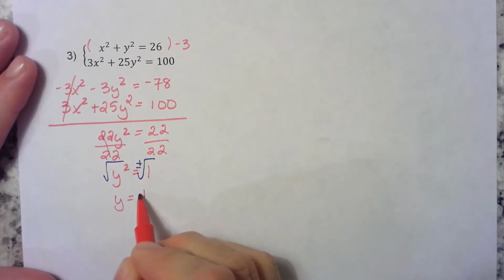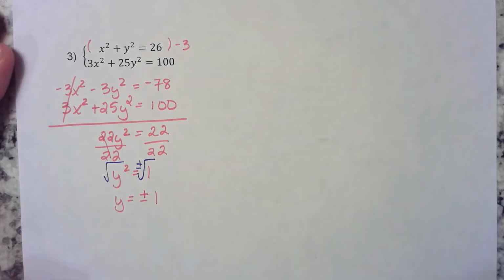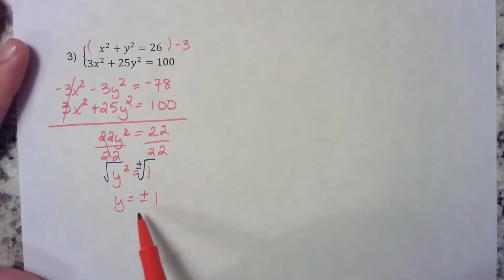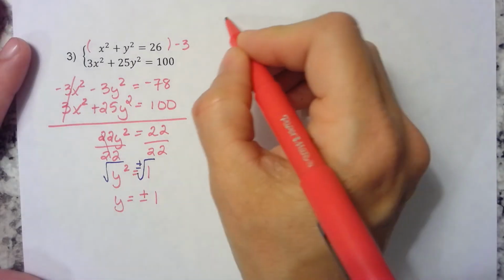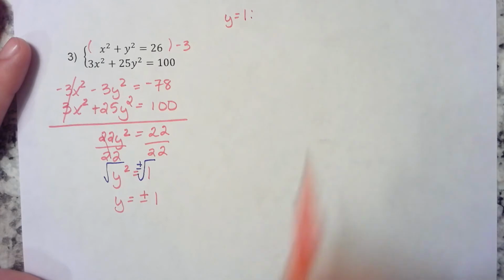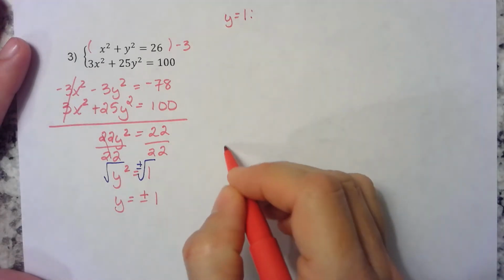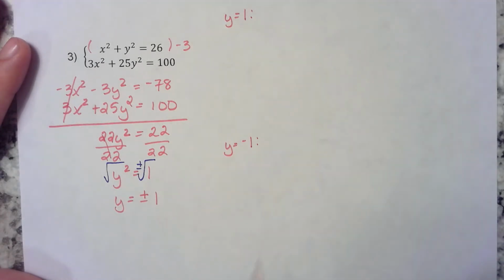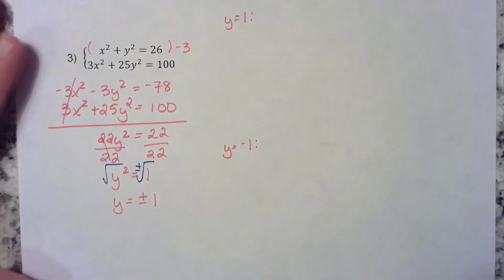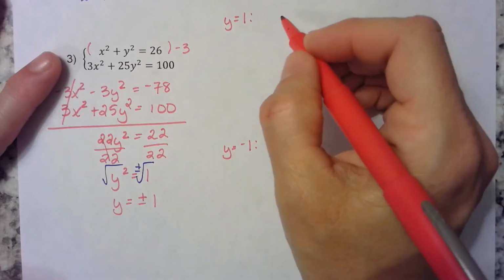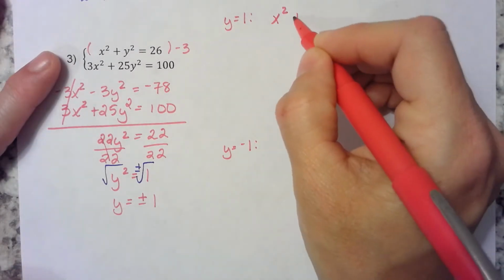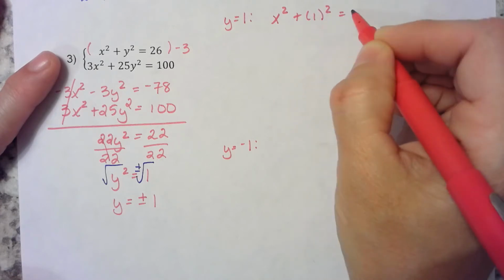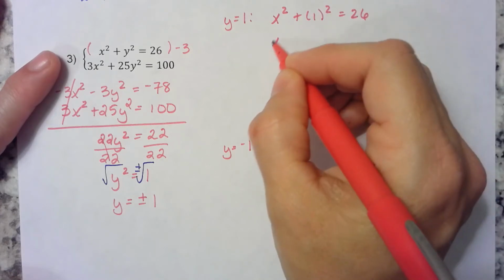So then how do we find out what x is? Well, we have these two cases. When y is 1, we need to figure out what happens. And when y is negative 1, we need to figure out what happens. So let's use that first equation. We have x squared plus 1 squared equals 26. 1 squared is 1. Subtract 1.